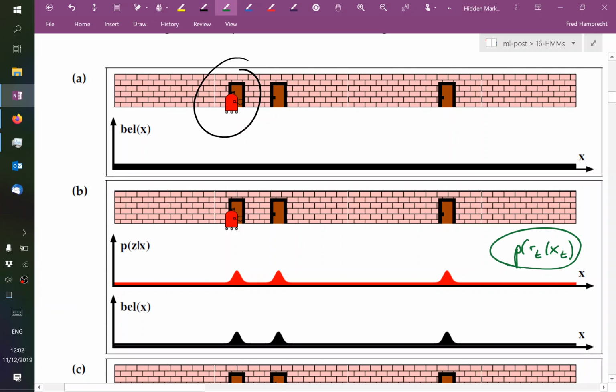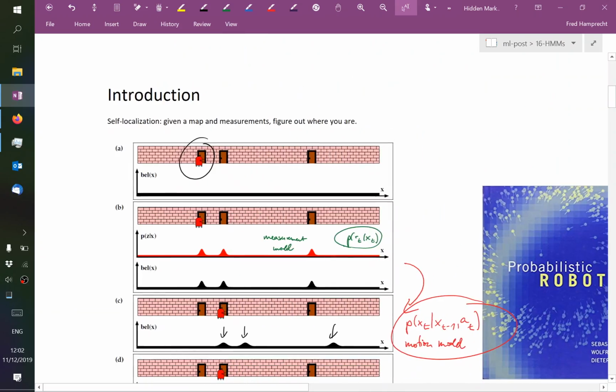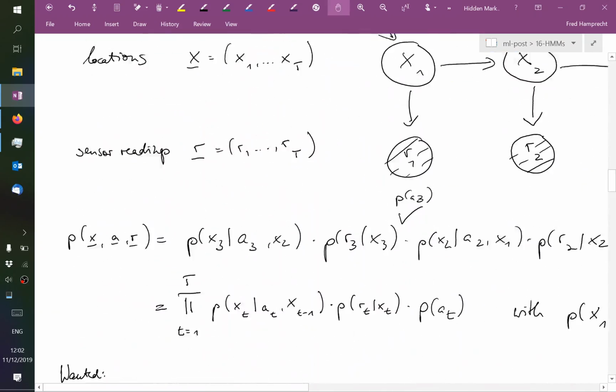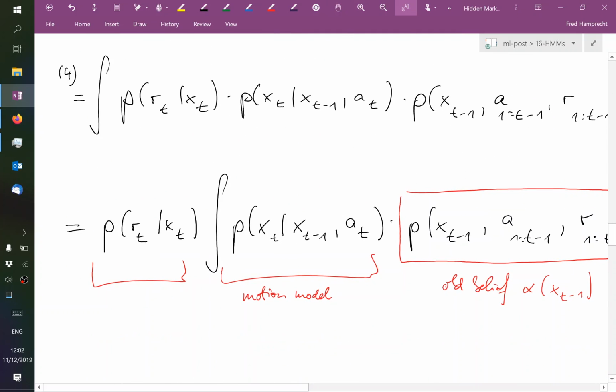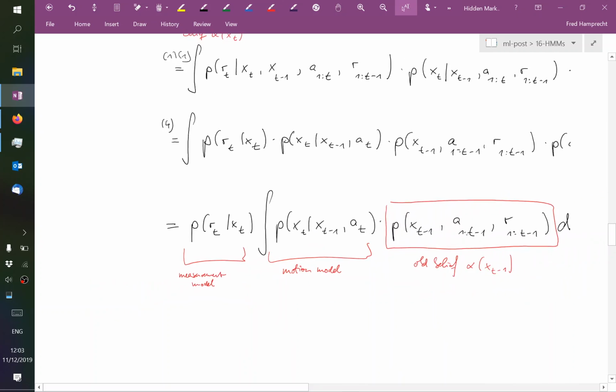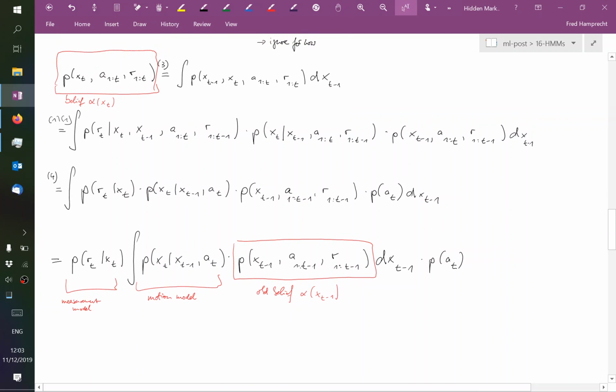So altogether, what I have here is a measurement model. And what we have here altogether is something.